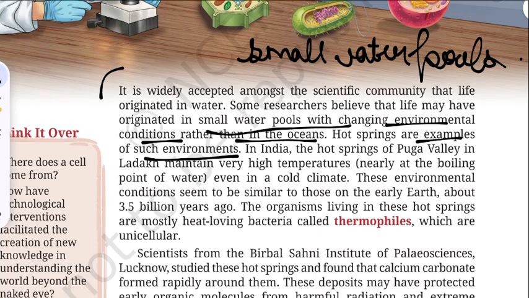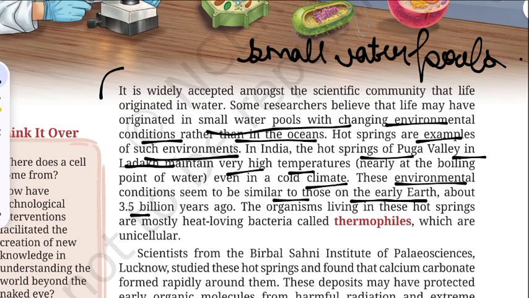In India, the hot spring of Puga Valley in Ladakh maintains a very high temperature, nearly at the boiling point of water. What is the boiling point of water? 100 degrees Celsius. Even in a cold climate, these environmental conditions seem to be similar to those on the early Earth about 3.5 billion years ago.